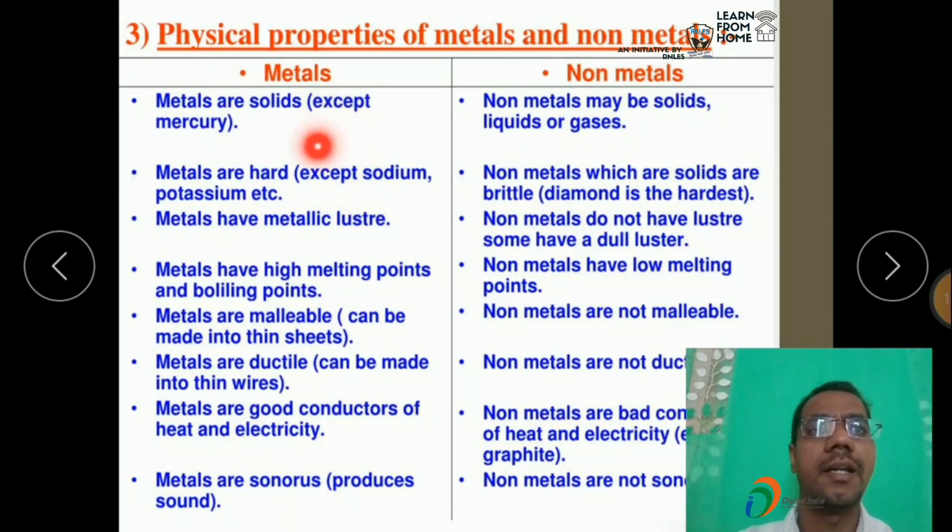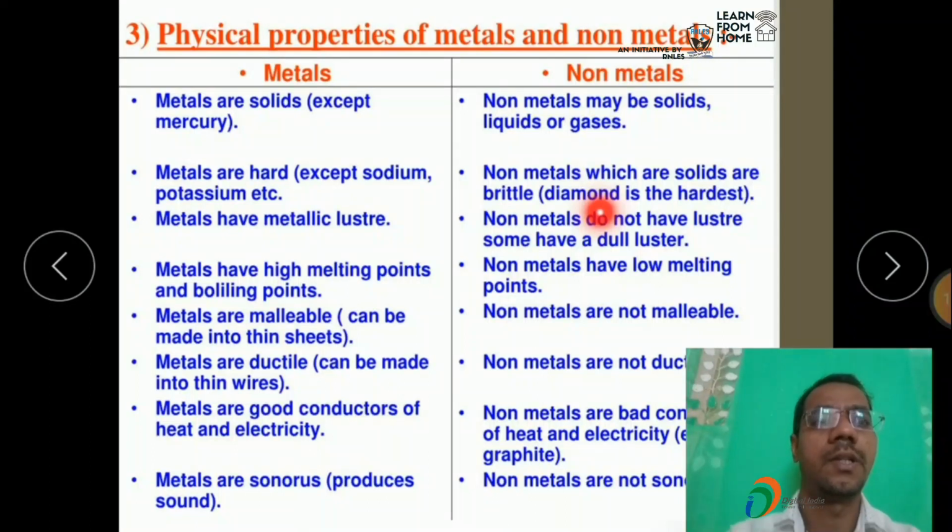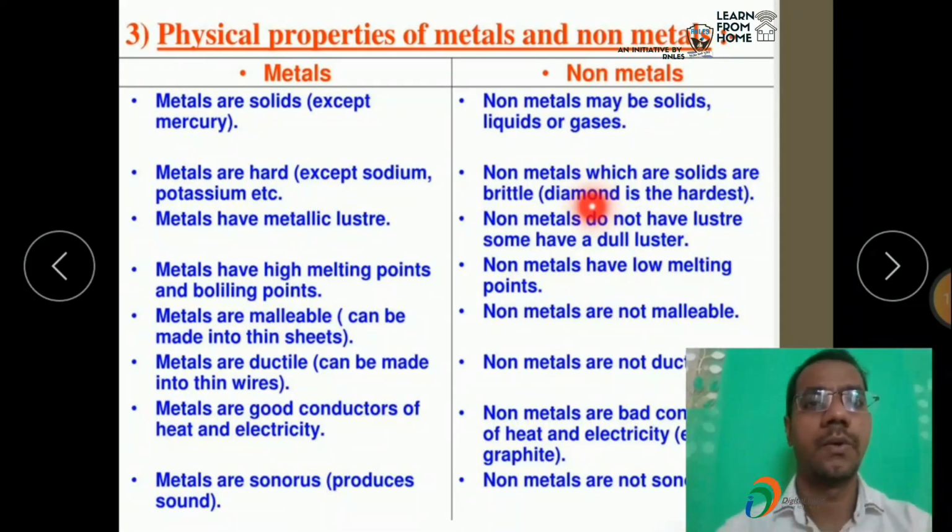The next, metals are hard. As they are in a solid state, they are hard, with some exceptions, sodium and potassium. But non-metals, those which are present in a solid state are brittle. But one exception is diamond, the hardest form of carbon.